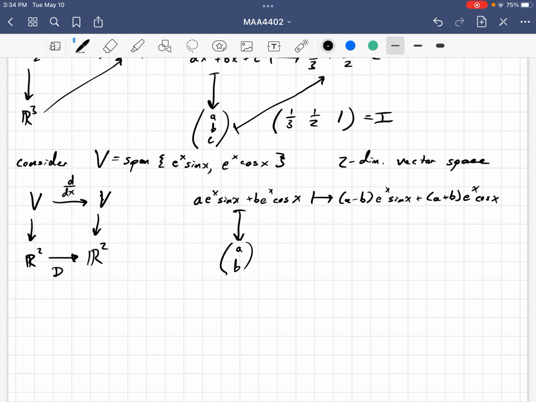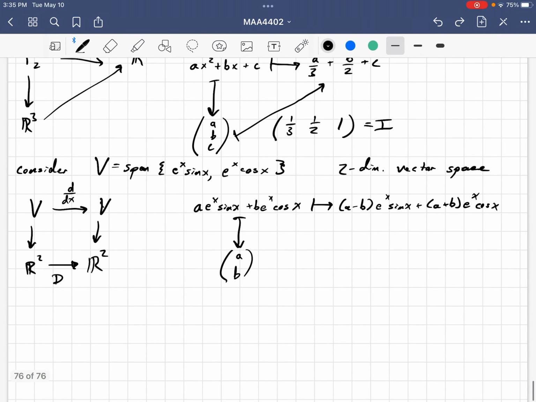And this is really a very powerful technique because you can have something really, really yucky here, but just have it be the representative of the standard basis vector in your vector space, and it goes away. Okay, and then this is, of course, associated with, naturally, the vector A minus B, A plus B, given our association on the left.